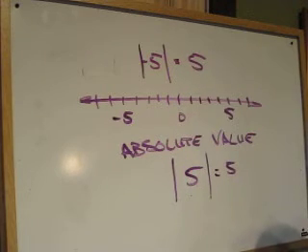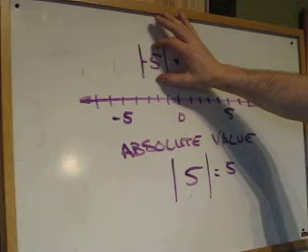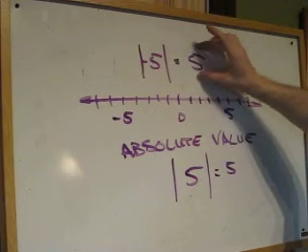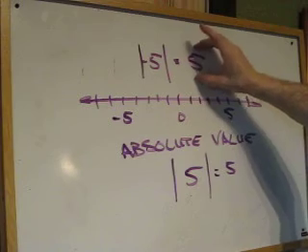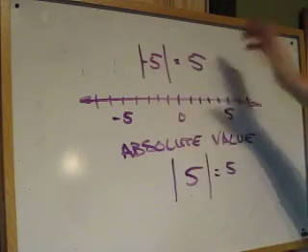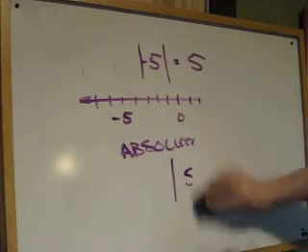It's 5. So it doesn't matter if it's a negative or a positive inside this absolute value sign, your answer will be whatever is in here without a negative sign. It will always be positive. So whatever number is in here, take the signs off and make it a positive, and you've got an answer there. So the absolute value of negative 7 is 7. Absolute value of negative 384 is positive 384.